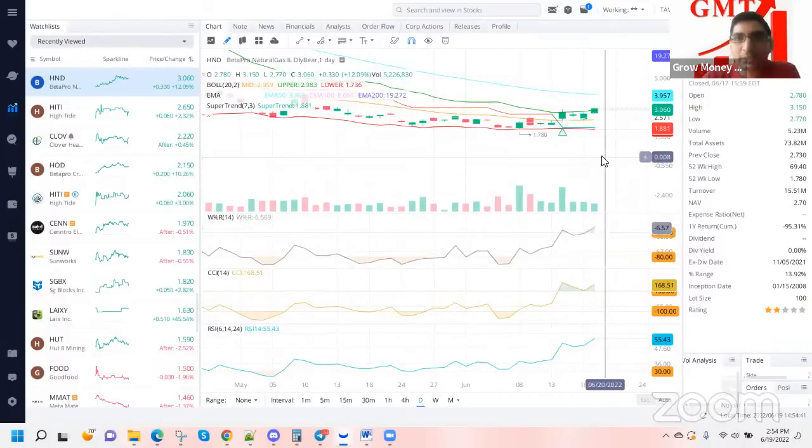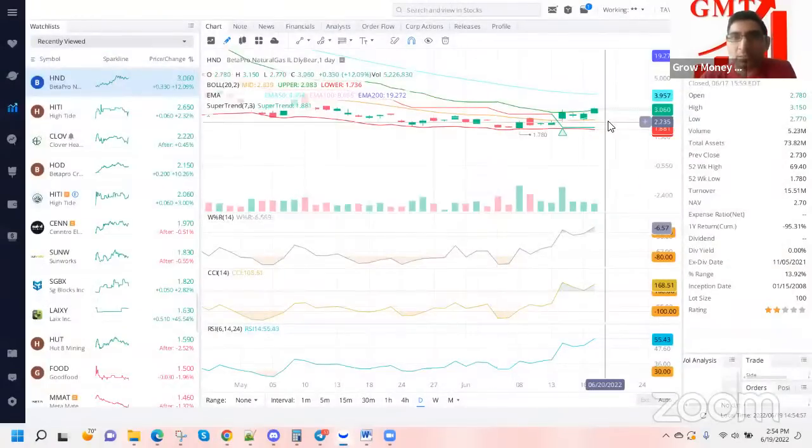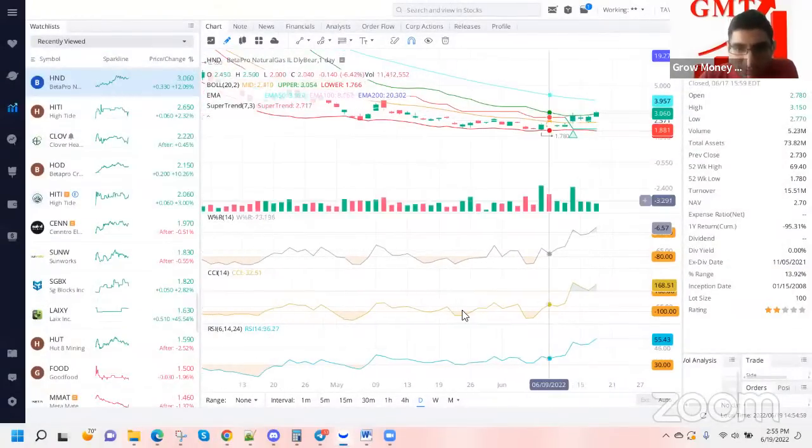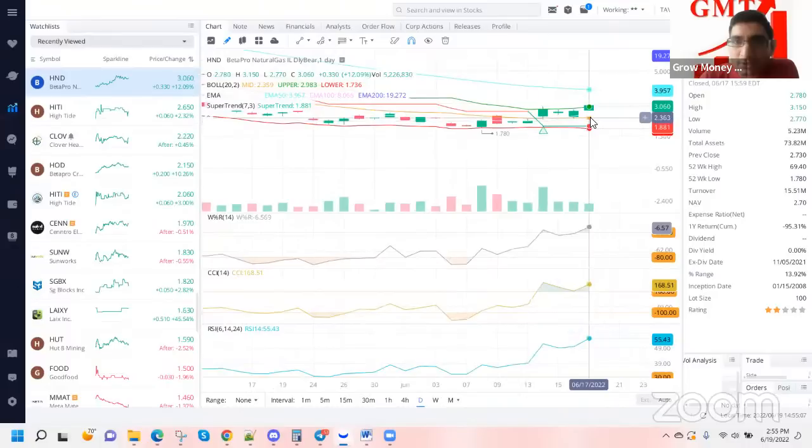And since we are expecting the market to go up, this could start correcting. If your average is 28, then I would suggest keeping a stop loss on the previous day close or slightly less than the mid Bollinger Band.